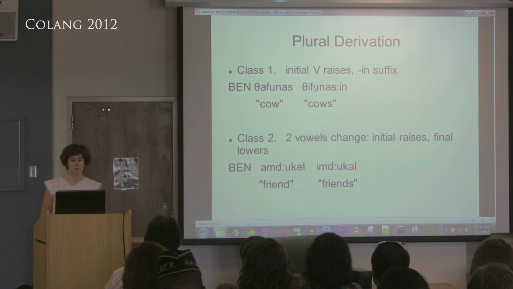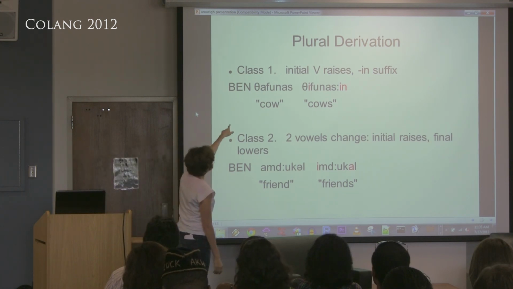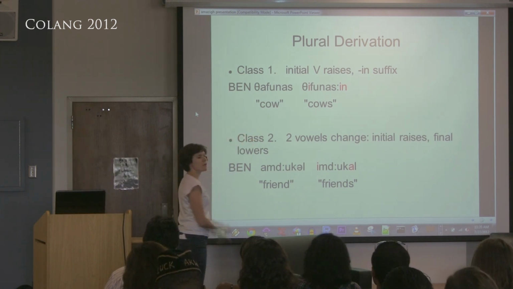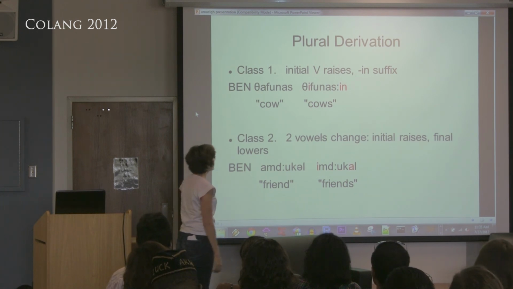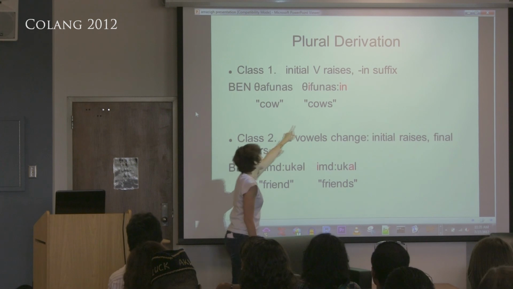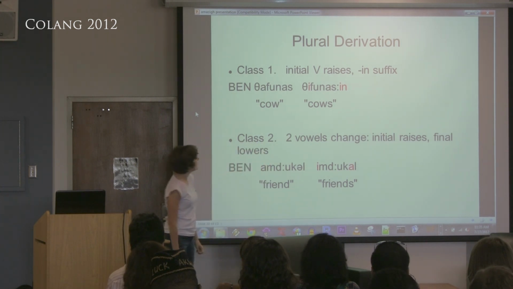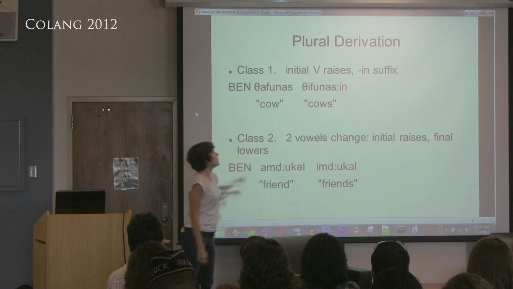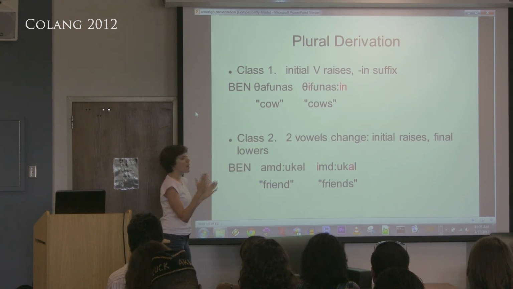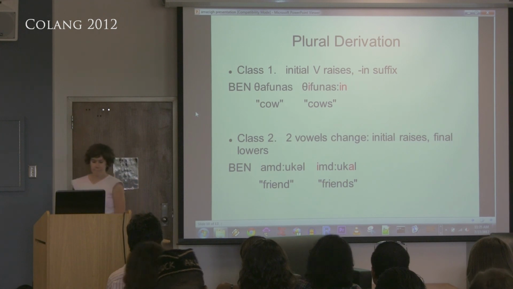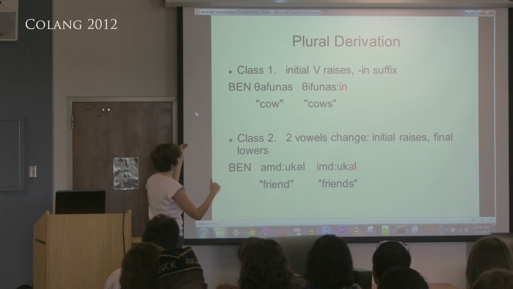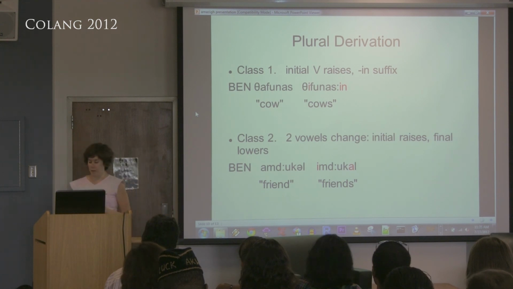So some examples, and this is all in Isnasi. So we have Papunas goes to Pipunasi, which is very, very standard. That's the standard plural form. The one curious thing is that the S here becomes geminate, but it's possible that it was geminate in this form and somehow that was dropped when it was in a singular form. In the second class, the 2 vowels change. So the initial raises and the final one lowers. So Antuka becomes Induka. That's also very standard.